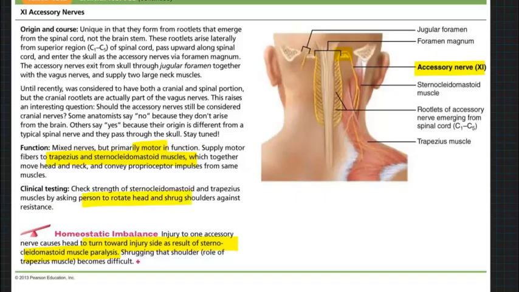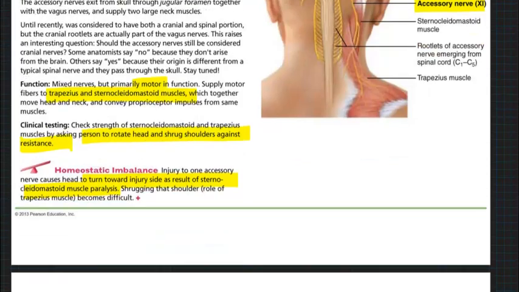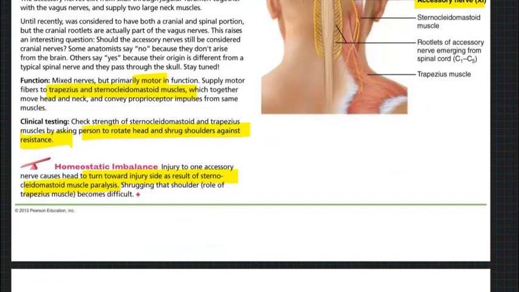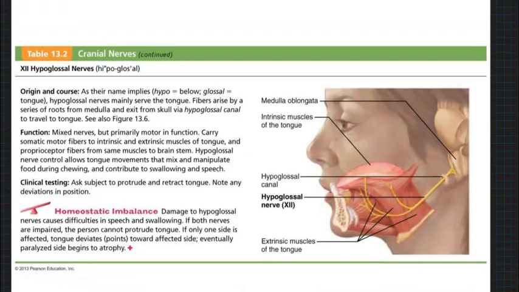Testing. Rotate the head, shrug shoulders. Rotate head. Shrug shoulders, because that's what it does. And finally, hypoglossal, under the tongue. It's the motor nerve. Tongue movements. That's it. So, testing.